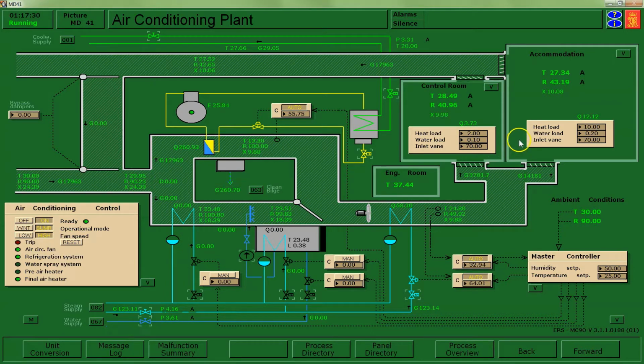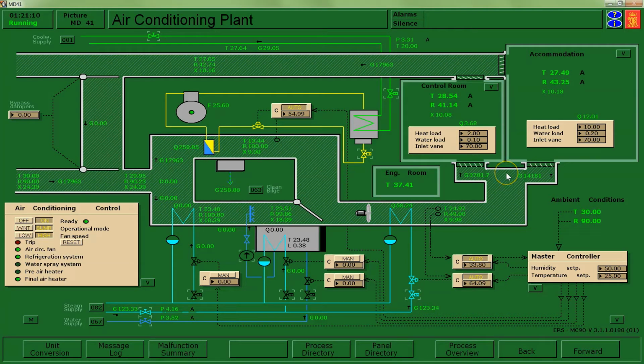Your spaces are always going to have to be adjusted on their own, either through automatic dampers or manually, because the heat load is going to change in each space. So depending on the occupancy, what the equipment is in the space, you may need to balance out these systems on an ongoing basis.